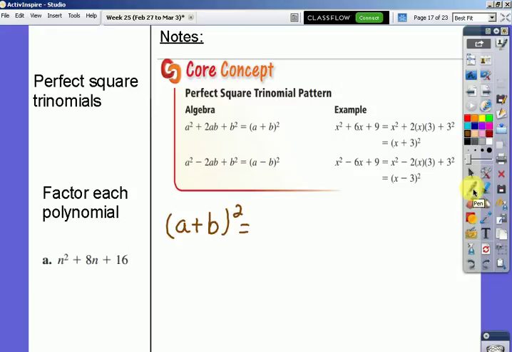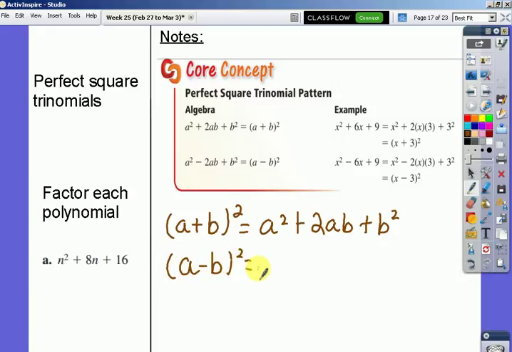I said that that is a squared plus 2ab plus b squared. Remember that? And then the only difference between that and this was that the middle term, that middle 2ab, is subtracted, but the ends are both positive. So you end up with a squared minus 2ab plus b squared.